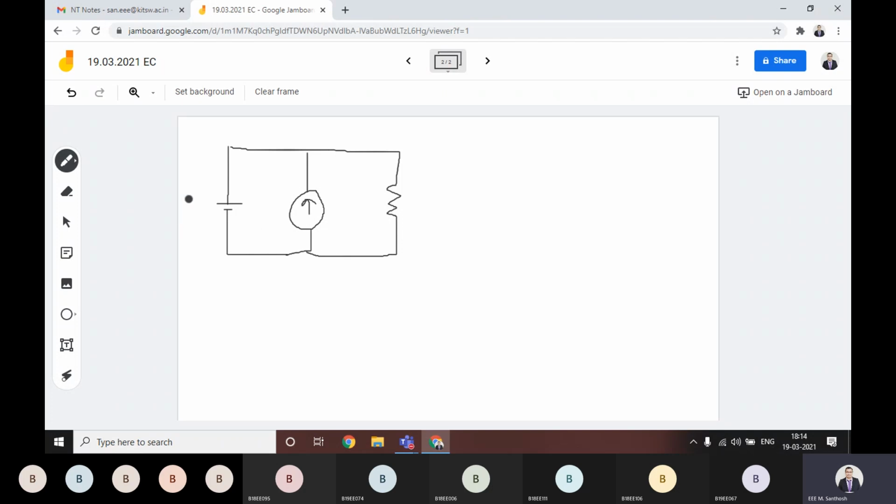This voltage source is 1 volt, the current source is 1 ampere, and this resistor is 1 ohm. What you have to find is the power consumed by each element: current source, voltage source and resistor. Determine the power consumed by each element.